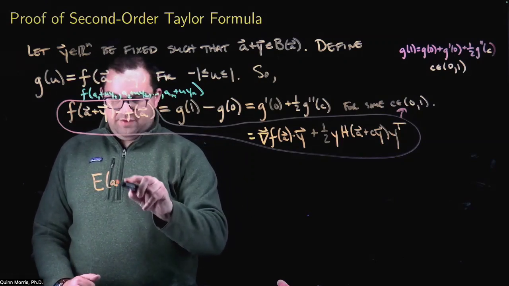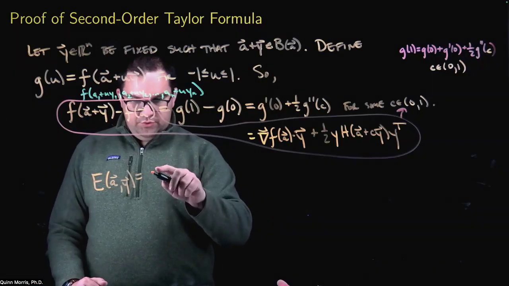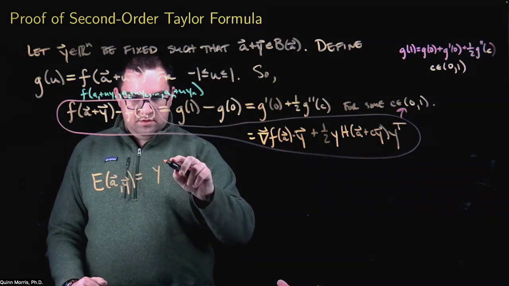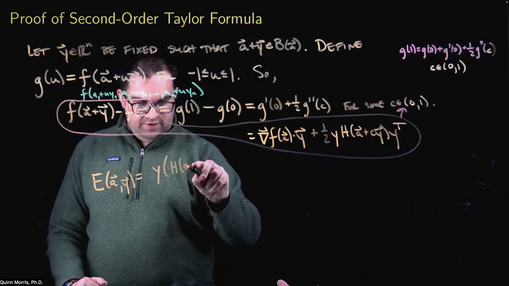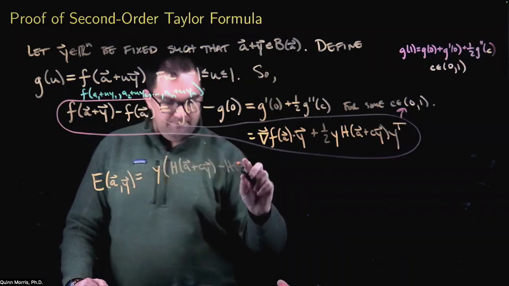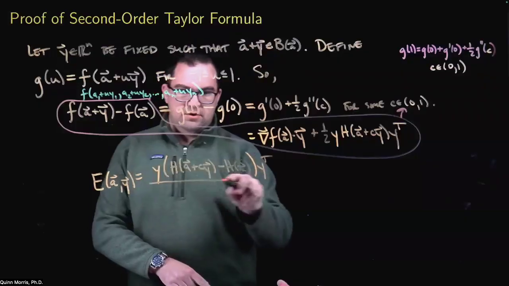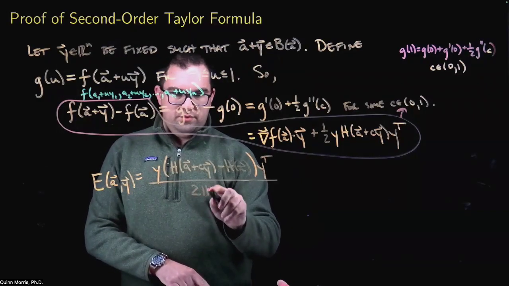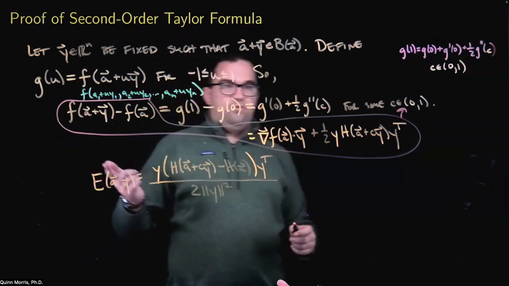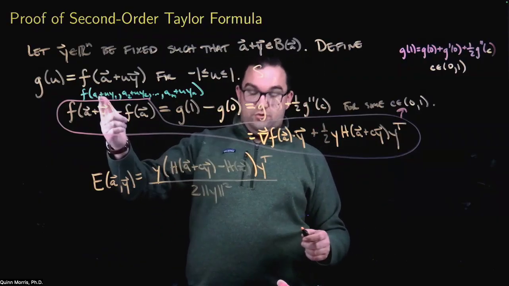You just say let e of a, y be equal to y times h of a plus cy minus h of a, times y transpose, divided by 2 norm of y squared. If you plug that into that formula, you actually get that it reduces to the first formula.